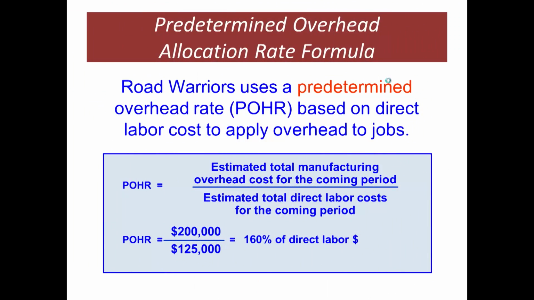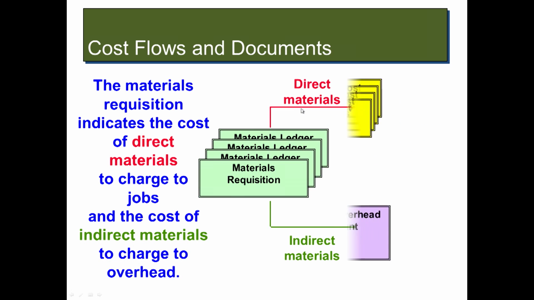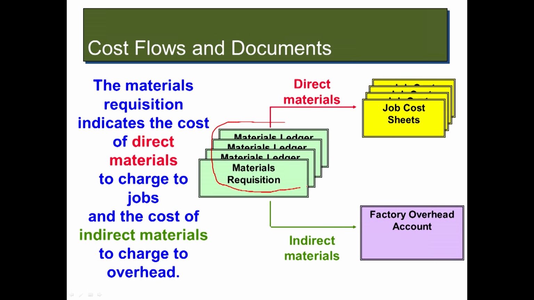All right, so before we end here, let's go back to the computer, and let's just summarize what we have talked about, the document flow, okay? We have materials requisitions. If they're direct materials, they go straight to the job cost sheets. If they're indirect materials, we accumulate those in this factory overhead account, okay?